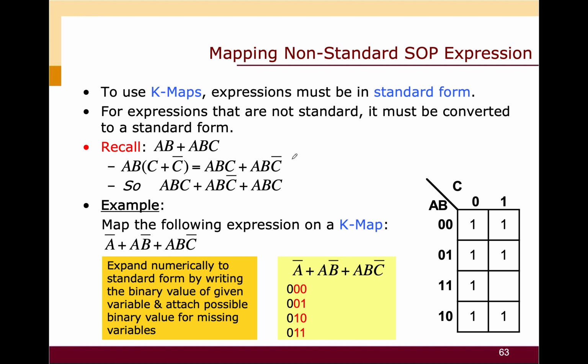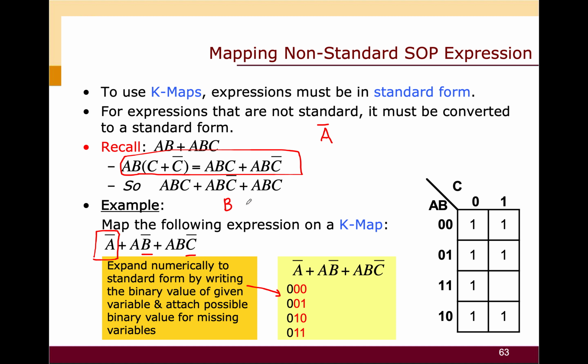Let me delete. And if let's say you already know how to make it standard, there is also another step. You can directly change it to A, B, C for all the terms with the possibilities. Okay, I give you the first example. We look into A first. A bar. For A bar, you are missing B and C, isn't it?